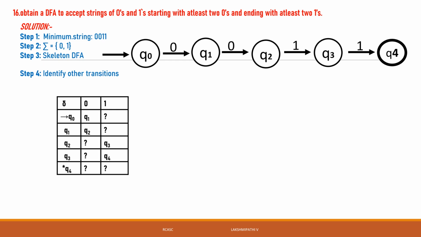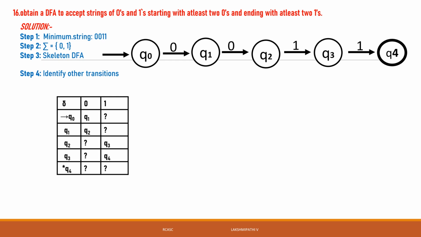Then Q1 of 1. Q1 of 1 also has the same condition, because the string must begin with 0 0. A string beginning with 0 1 is not accepted. That type of string is not accepted. So once again I will show Q1 of 1 going to the dead state, Q5.